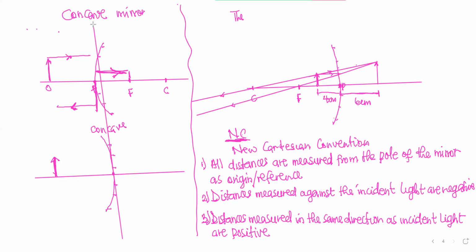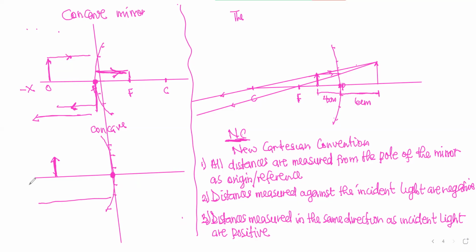Whatever we do in the Cartesian plane, the XY axis, you see, in your XY axis, if this is the origin, which is the pole, then all measurements along the negative X are negative.